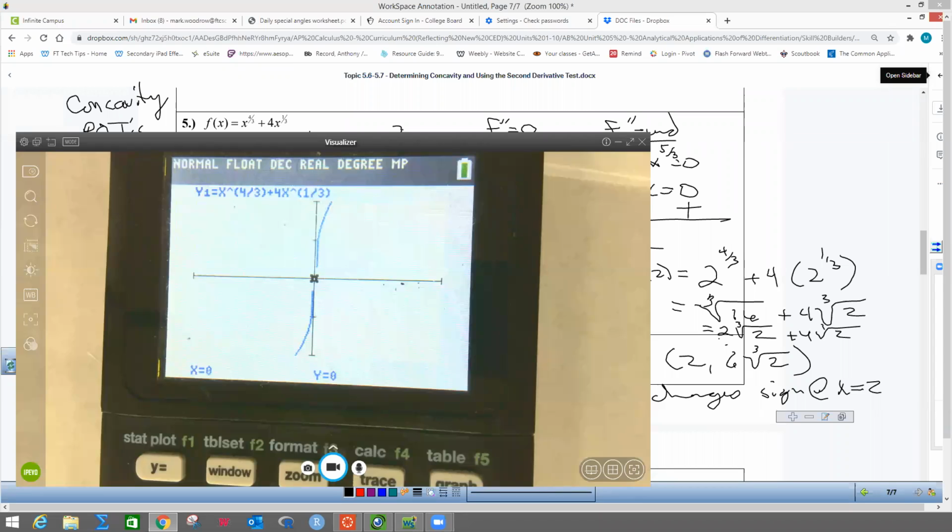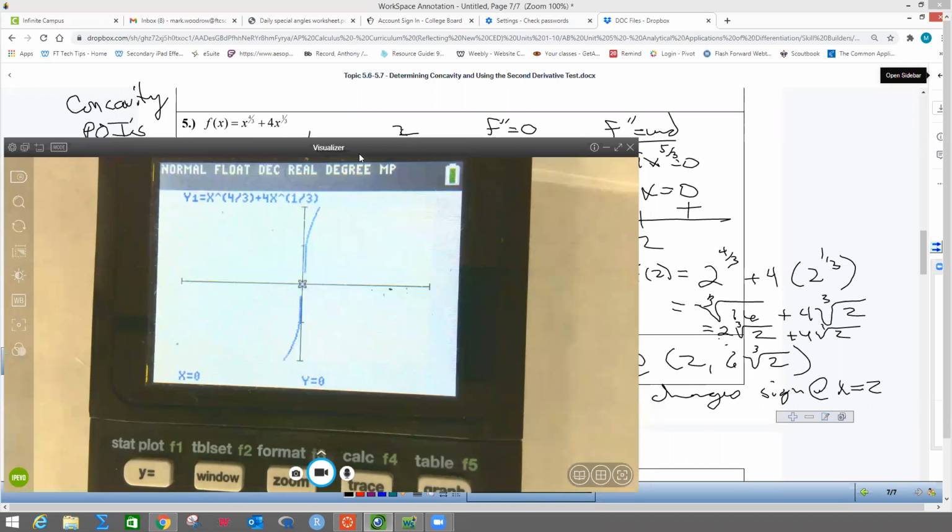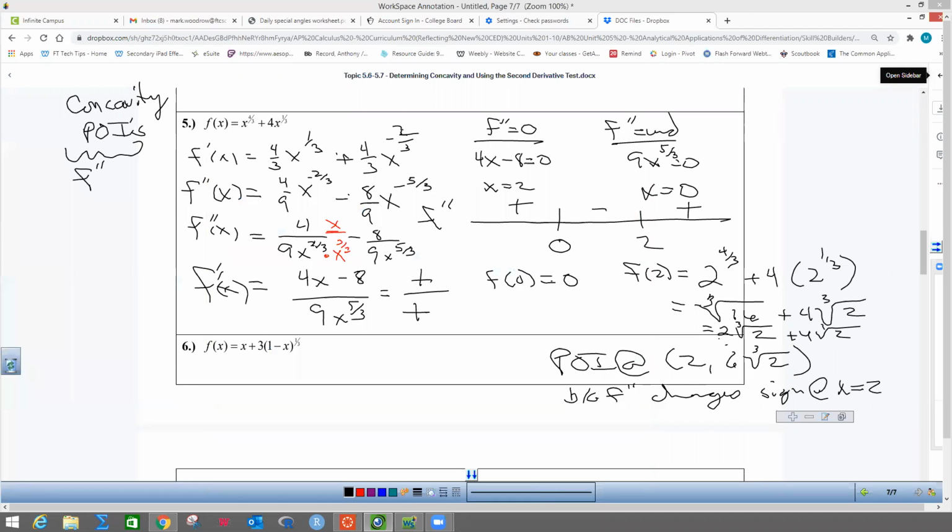So what I forgot to do was the concavity. So let me move this out of the way and do the concavity because I didn't do that. All right, so again, the concavity is where the signs are positive, which means concave up.